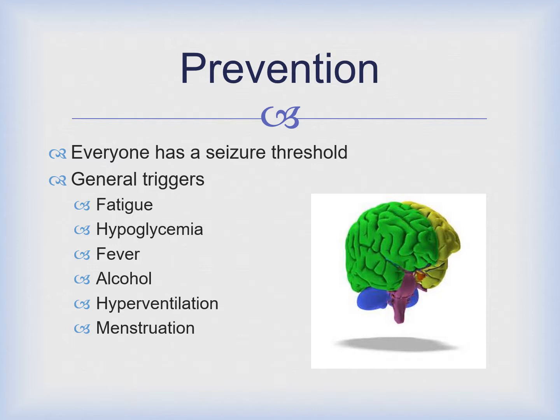But when we look at everybody having this predetermined seizure threshold, all of us have it. It's this level of stimulation in the brain that is sort of our max of the amount of stimulation we can tolerate without having something like a seizure happen. So these triggers come along, and these may be these acute insults that push over the level and cause the patient to move past that threshold and have too much abnormal activity, and would cause a seizure.